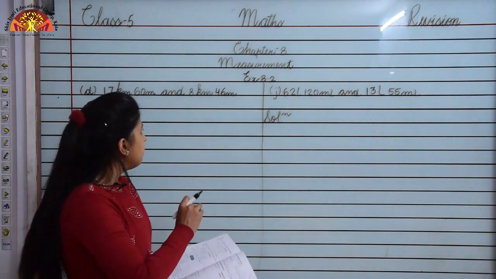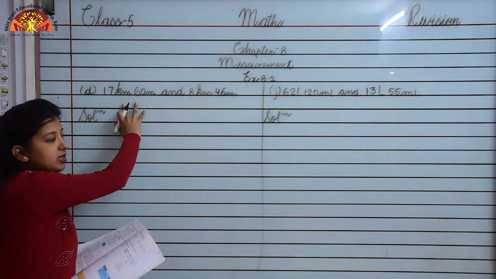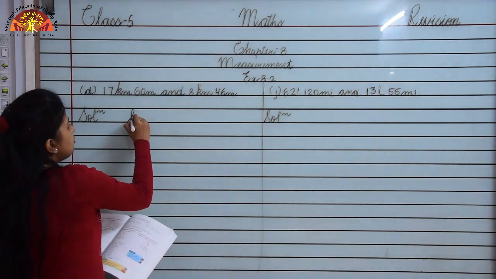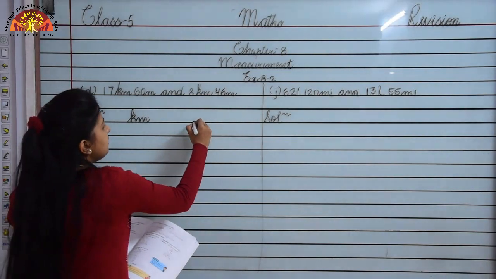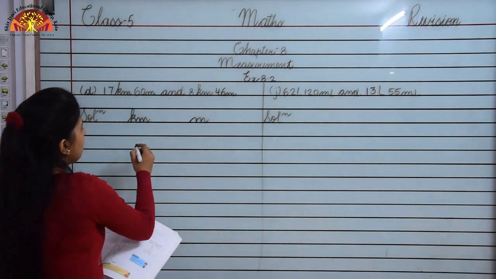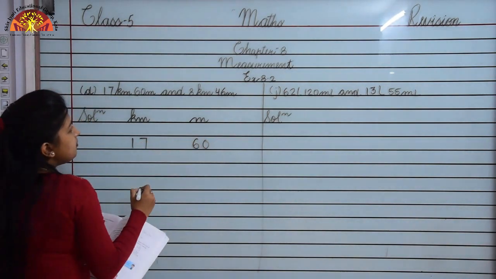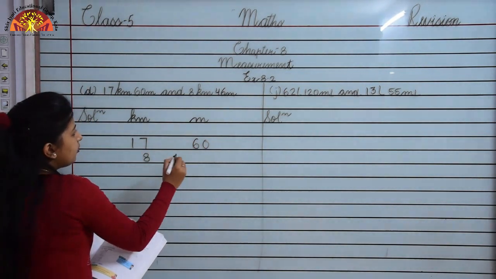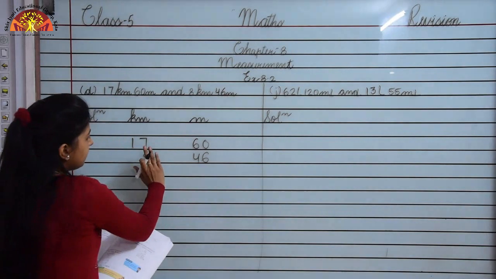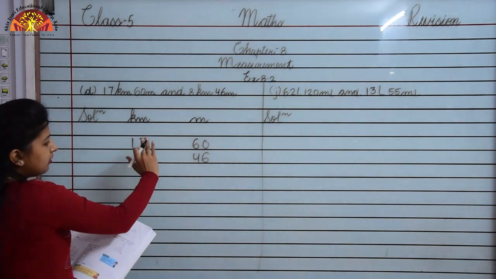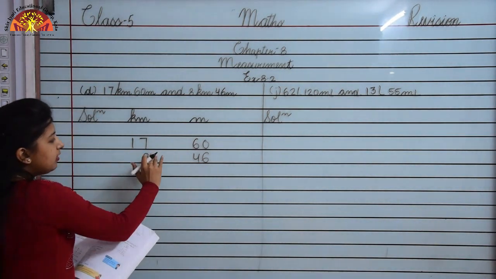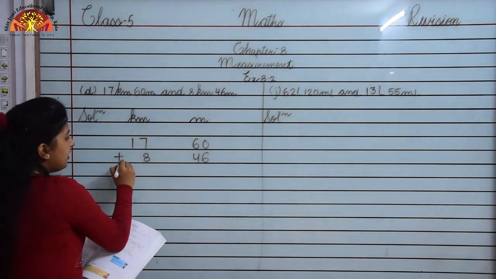So, in this question we have to add the given measurement. So, we will make two columns, kilometer and meter. Now, we will arrange the values, we will arrange the measurement. Okay. But 8 we will write below the 7, then we will add.